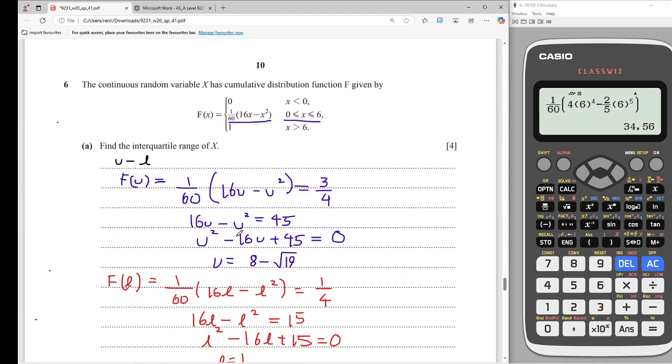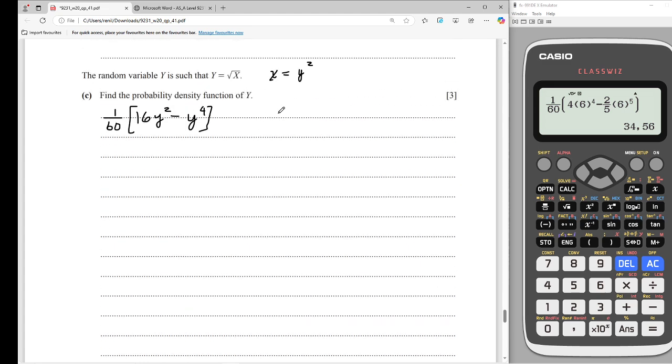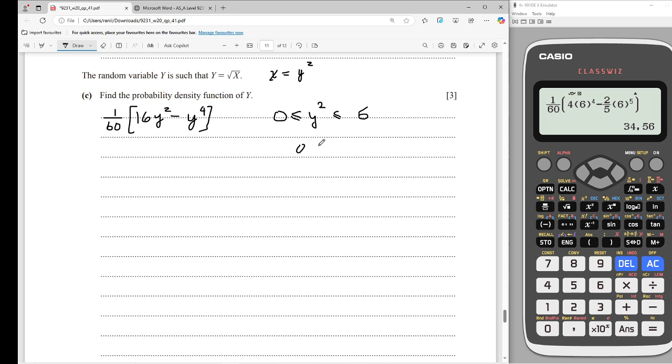And this is for what range exactly? From 0 to x to 6. But remember that now we are replacing our value of x with y squared. So that means we put here y squared. Let's solve these inequalities separately. When 0 is less than or equal to y squared, it means that y is greater than or equal to 0. That's the first part.